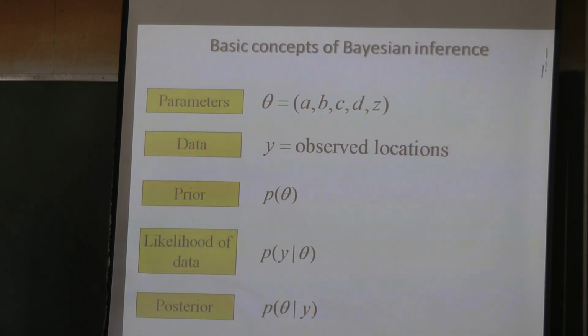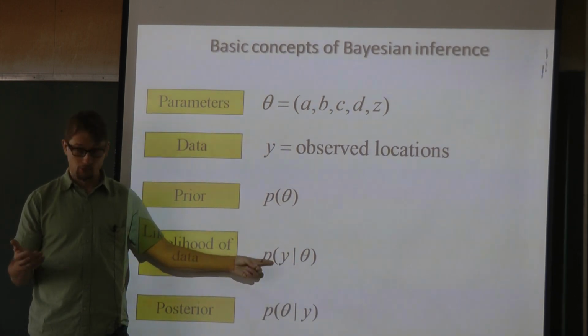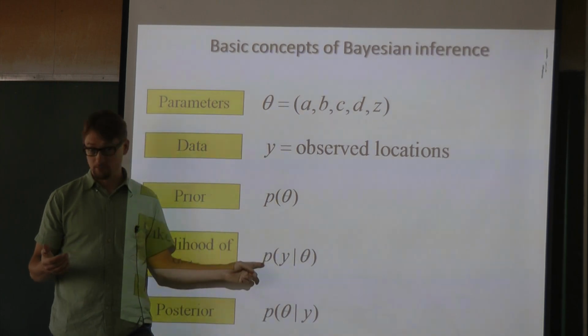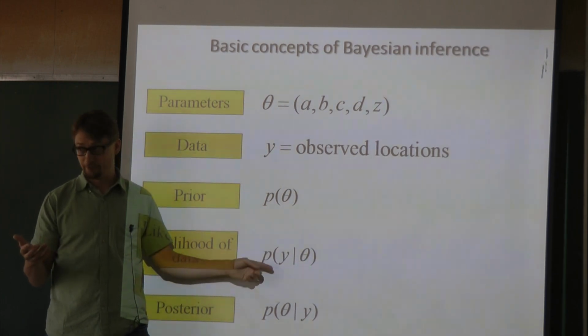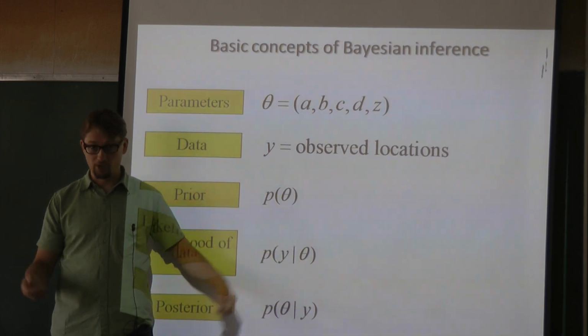That will become hopefully more clear later when I show how this decomposes to different components. But the fact is that what we observed is y, not z. So this is something that we can write down, as I will show. What is the likelihood of observing exactly this data y if we know the model parameters?